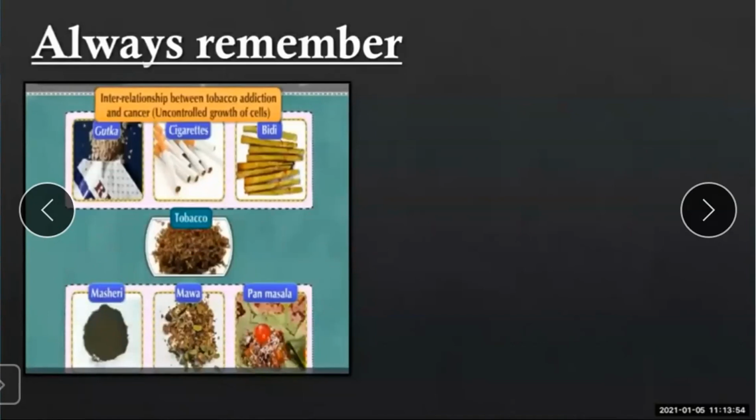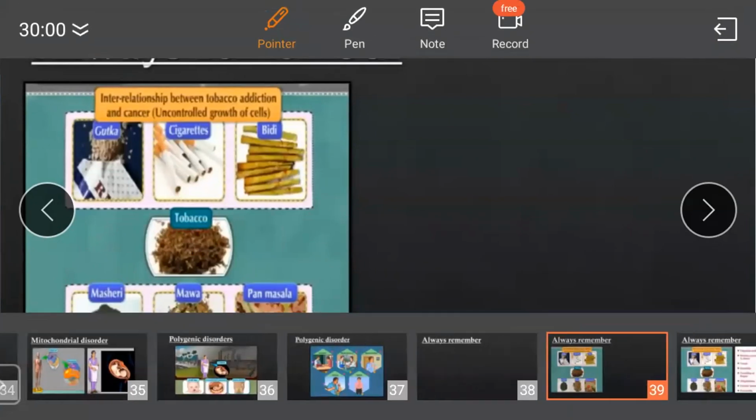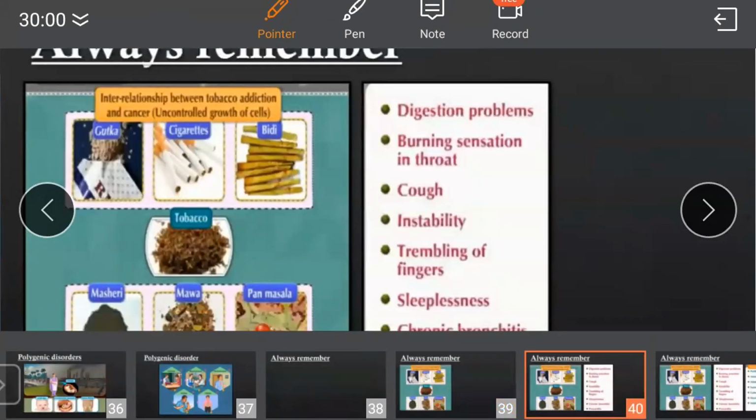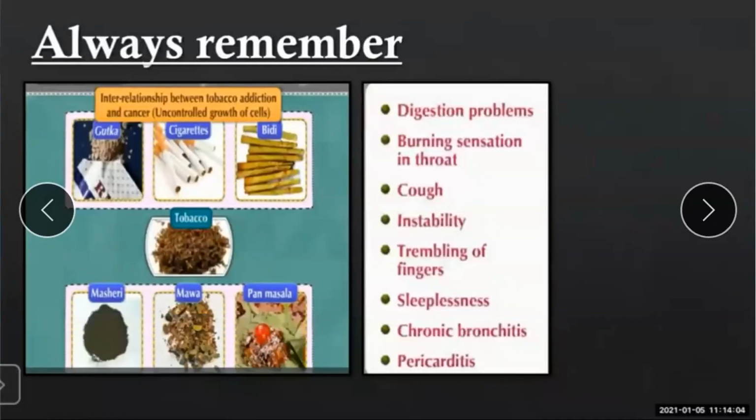Harmful effects of smoking are due to what? Nicotine, which is present in what? Tobacco. So many problems arise due to this consumption. Tobacco is either smoked or chewed, and any kind of tobacco product is carcinogenic. Nicotine, present in tobacco, is the main carcinogenic agent.